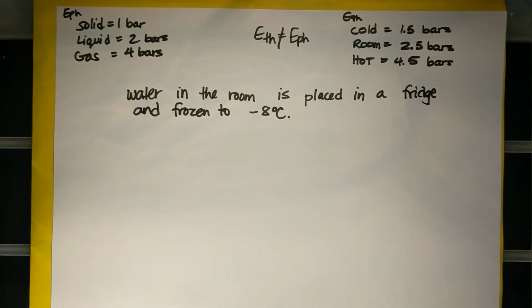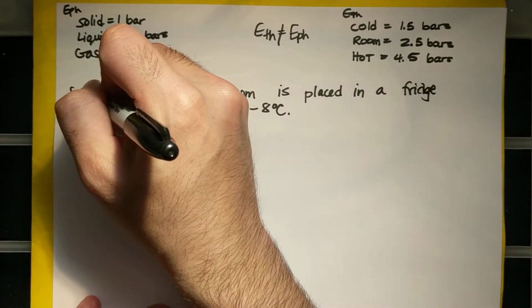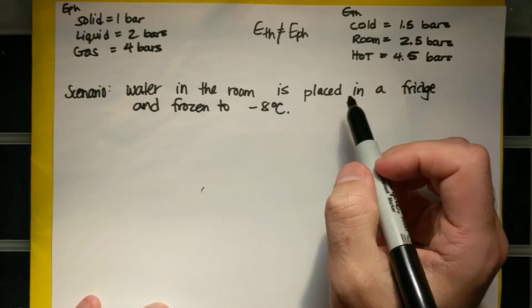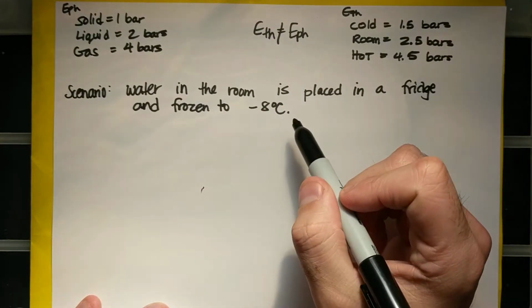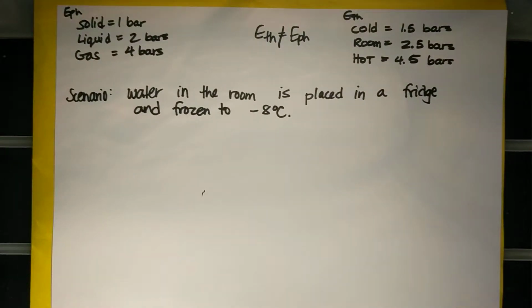So now we're going to construct our own LOL diagram for this scenario. So let's say we have water in the room, and it's placed in a fridge and frozen until it reaches past negative 8 degrees Celsius. So we have several things going on.